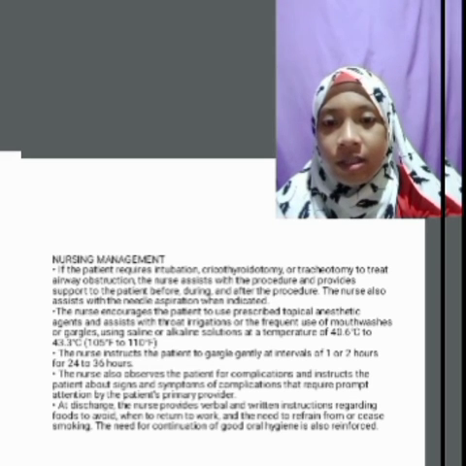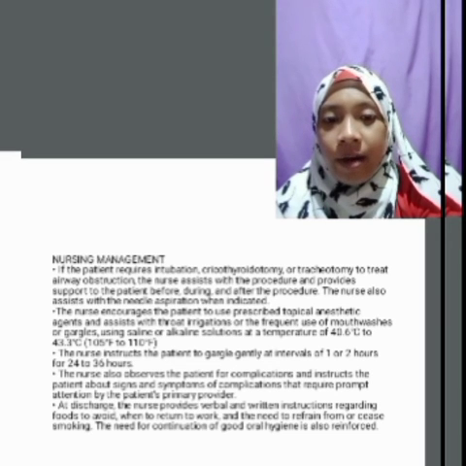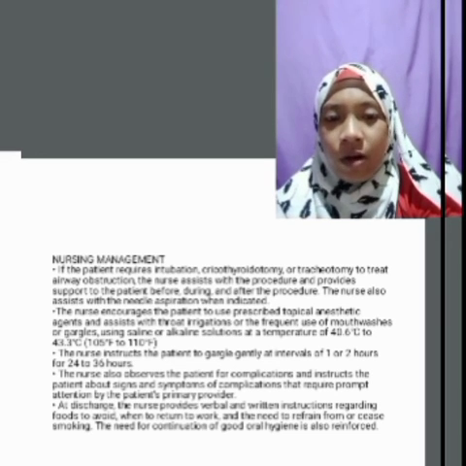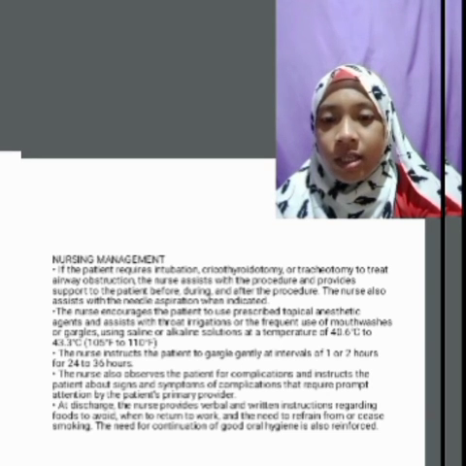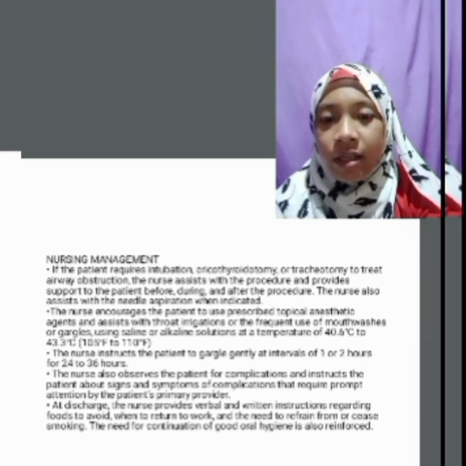The nurse instructs the patient to gargle gently at an interval of 1 to 2 hours for 24 to 36 hours. The nurse also observes the patient for complications and instructs the patient about signs and symptoms of complications that require notifying the patient's primary provider.